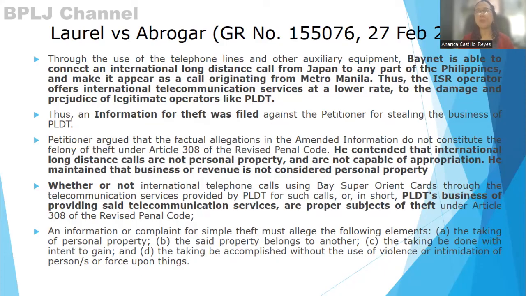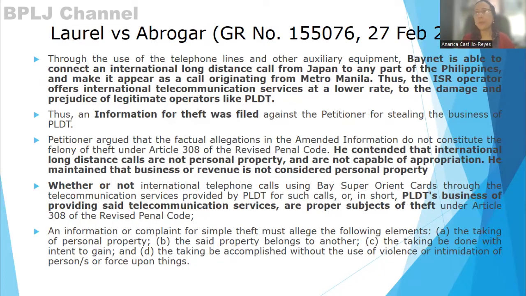So they were able to provide a lower rate to their customers to the prejudice of PLDT. So what PLDT did was it filed an information for theft against Baynet. PLDT contended that the petitioner, on the other hand, contended that international long-distance calls are not personal property.